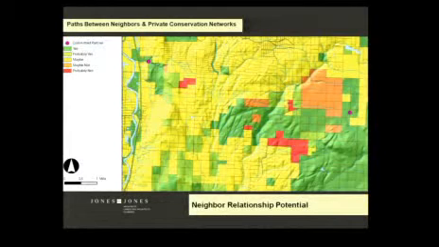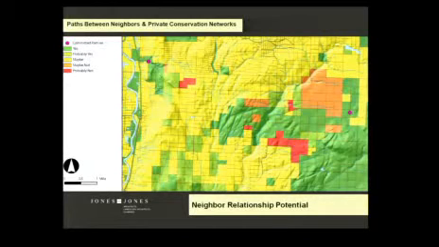Well, for the privately owned parcels, and this is part of the input that we received by talking to these two landowners and the local land trust, we also rate what we call a neighbor relationship potential. And these range from yes, probably yes, maybe, not, probably not. And these are really judgments based on your neighbors. What this means is, would this person, based on what they know about them, their relationship with them, what their known values are, would they be interested in trying to participate in this network?